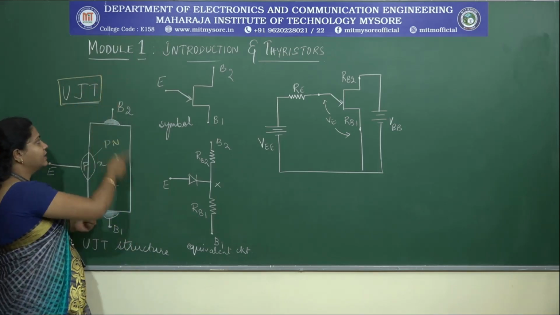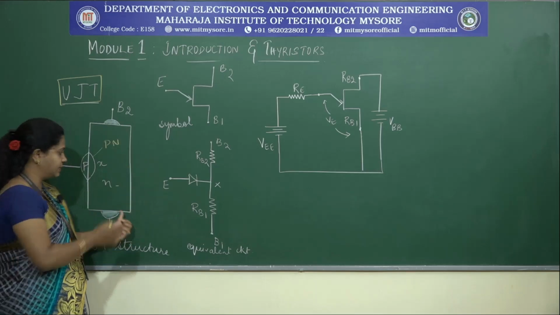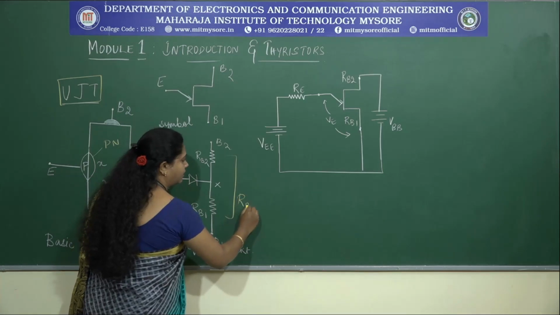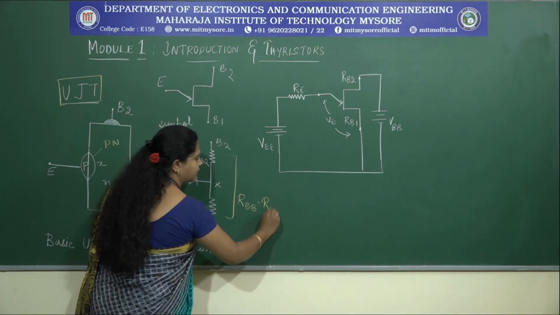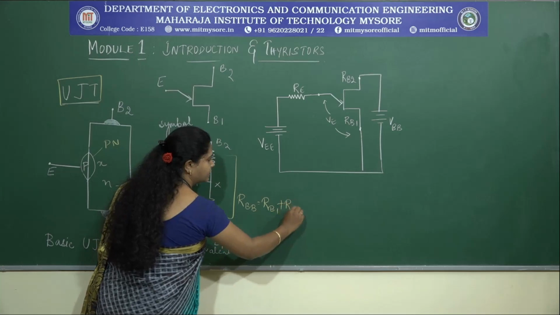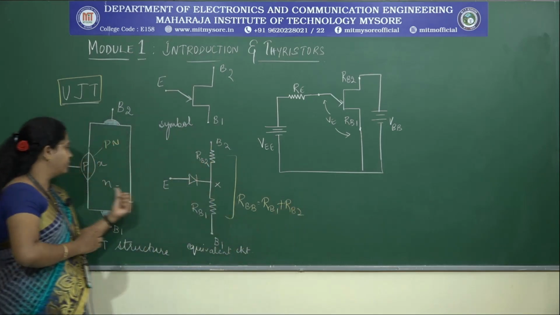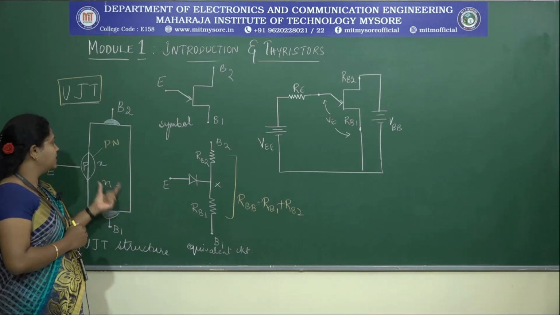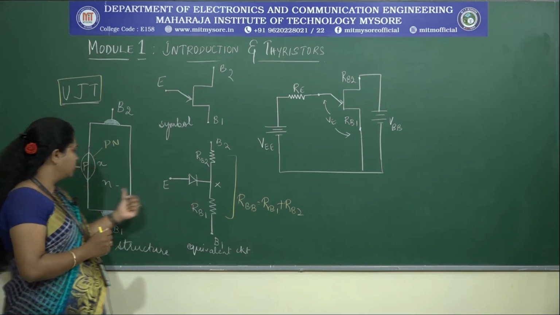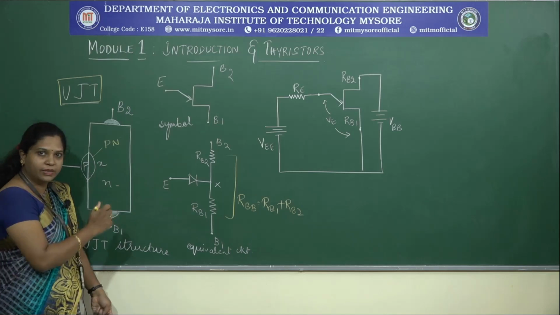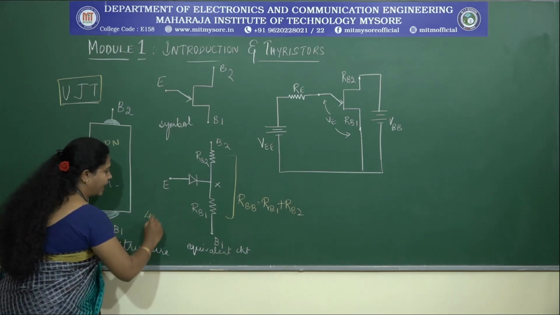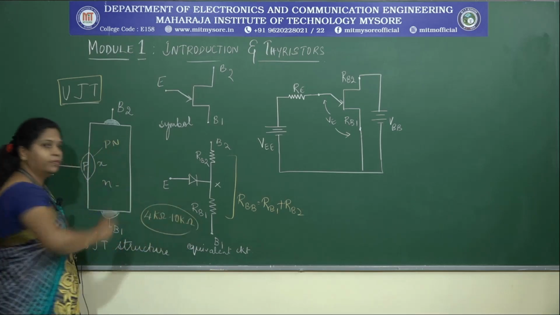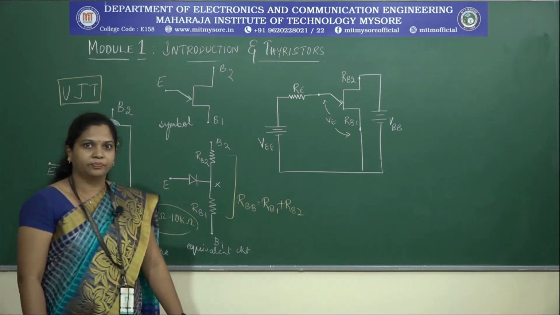The interbase resistance, RBB, is nothing but the addition of these 2 resistors found inside the lightly doped N region. As this is a lightly doped N region, the B1 and B2 resistors usually are in the range of 4 kilo ohm to 10 kilo ohm, a high resistance.